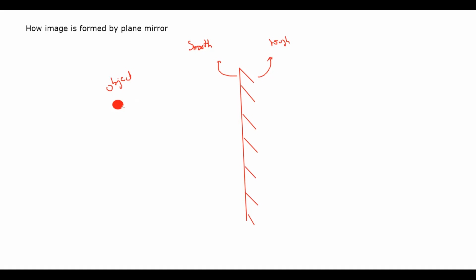If this is a luminous object, it gives out its own light, or if it is a non-luminous object, it reflects light from another source. So the light strikes the mirror, follows the law of reflection, and bounces back.